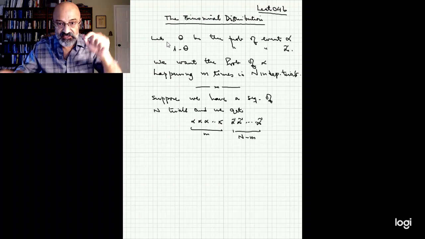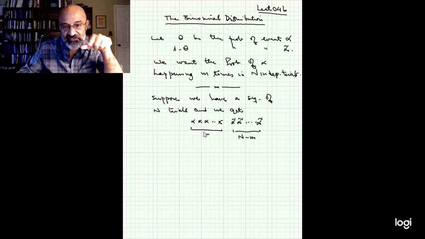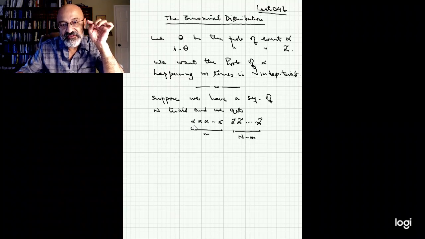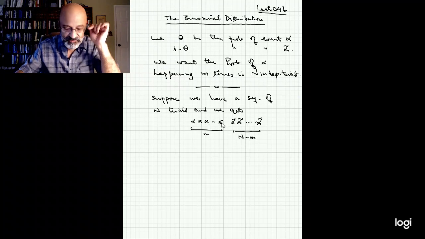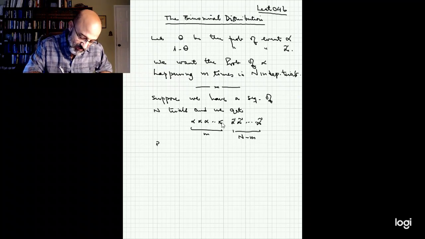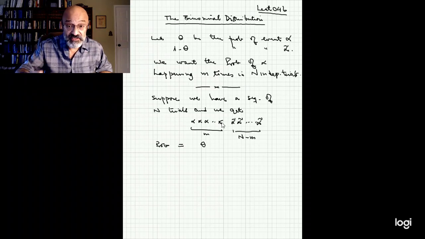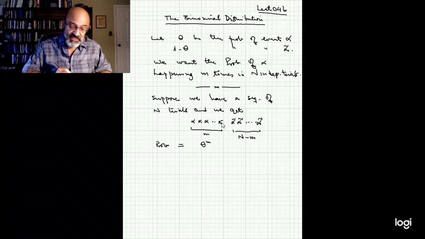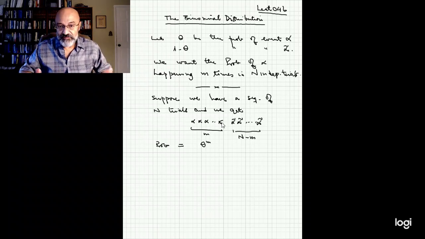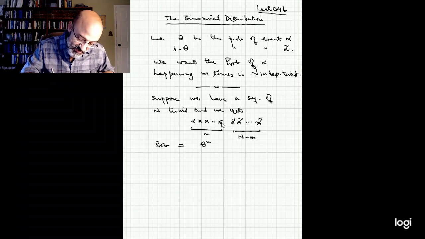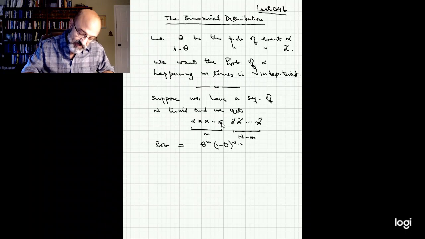Then you see that these are independent events, and what we're asking for is the probability of alpha and alpha and alpha m times. The probability of this particular sequence is the product. These are all independent events, so it's just the probability of each one of these events. Here we go. That's the probability.